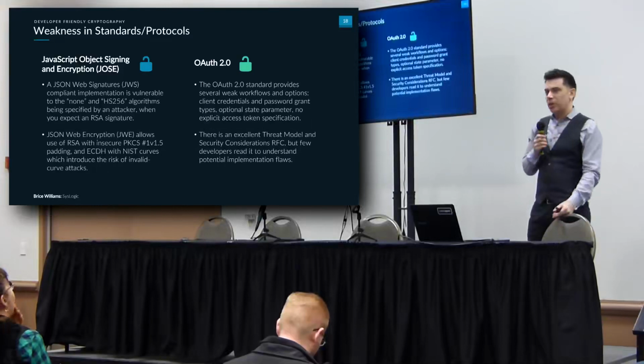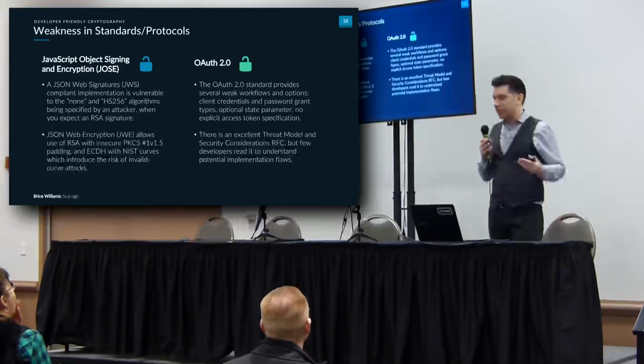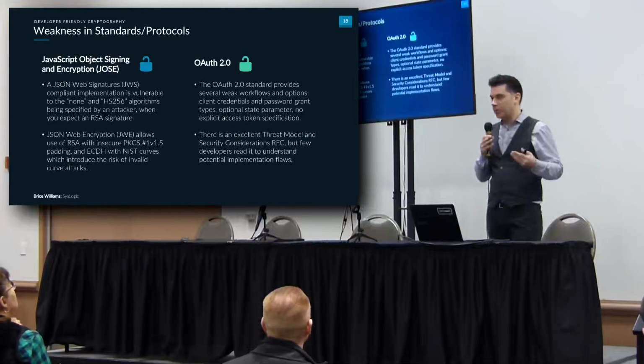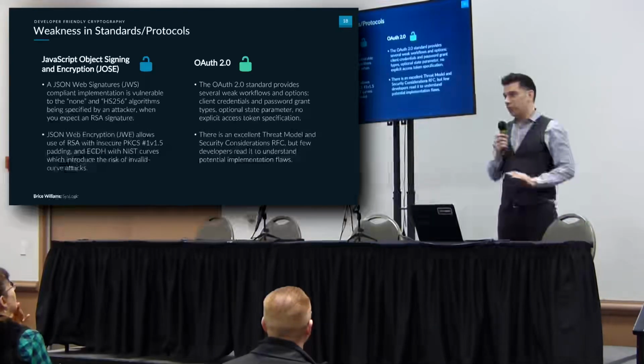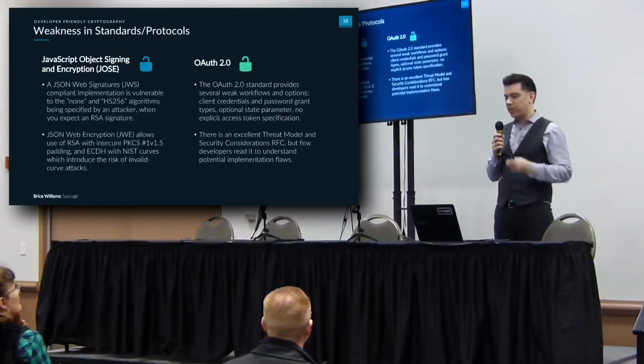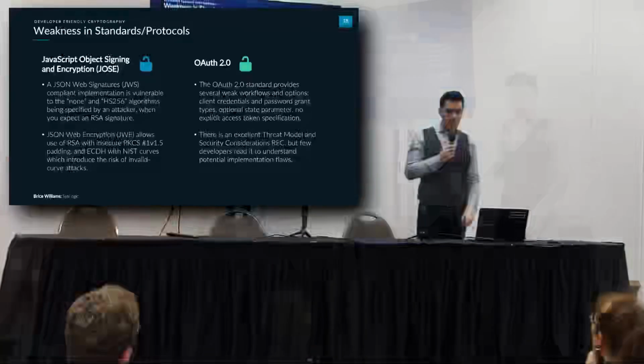OAuth 2, you may be familiar with OAuth 2. It's a great standard for, technically it's an authorization protocol, but used in the authentication and authorization space. It provides several weak workflows that ideally should really never be used in modern systems, but I see this all the time. Use of client credentials and password grant types where they shouldn't, that's not recommended.